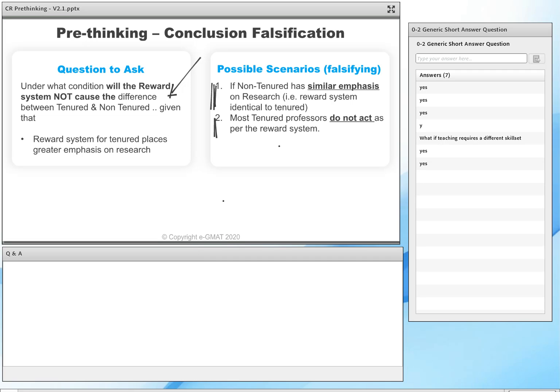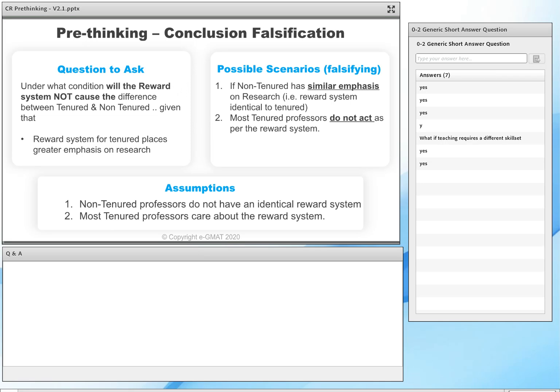The key about critical reasoning arguments is you don't have to think so much outside the logic. That's the beauty of understanding the logic. If these are the scenarios in which the conclusion breaks down, then what are my assumptions? Non-tenured professors do not have an identical reward system.